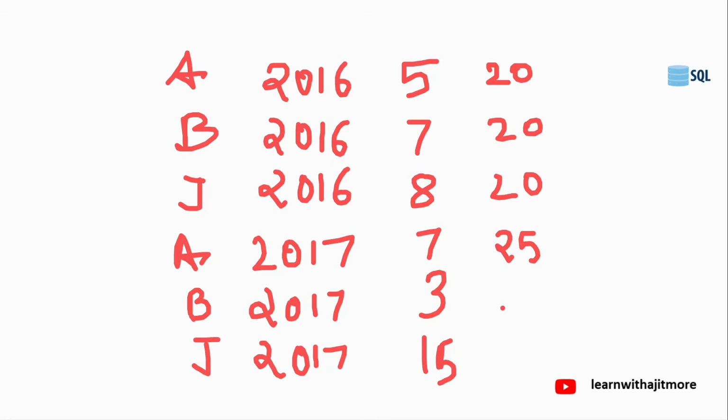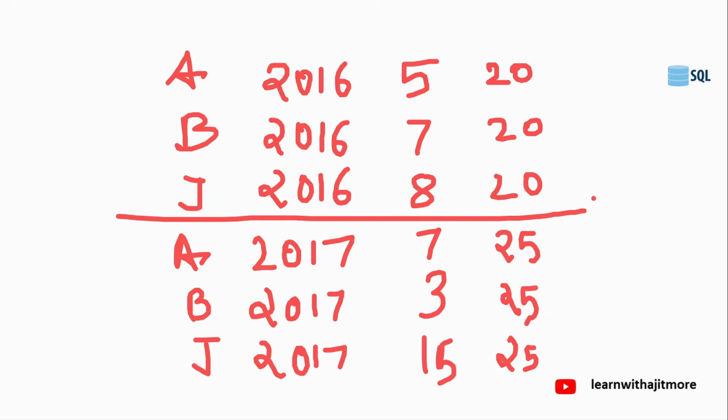I want that 25, 25, 25 to be repeated with all the records in that group, and along with that, the records in the group are also in the output. So what is my intention? Is that clear to you? I don't want each group reduced to a single value. I want whatever records come in each group to be preserved in the output, along with the result of the aggregate.